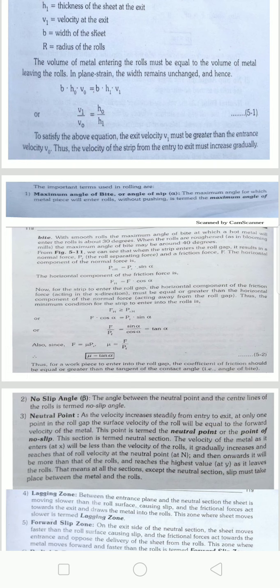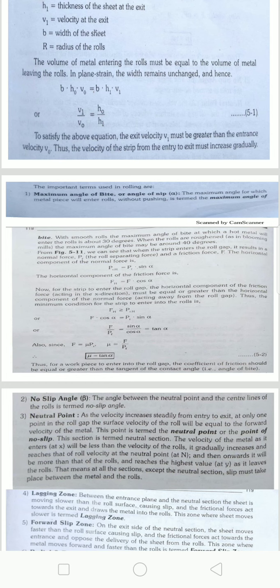From the figure we can see that when the strip enters the roll gap, it results in a normal force P and a frictional force F. The horizontal component of the normal force is P_RH equal to P_R sine alpha, and the horizontal component of the frictional force F_H is equal to F cos alpha.